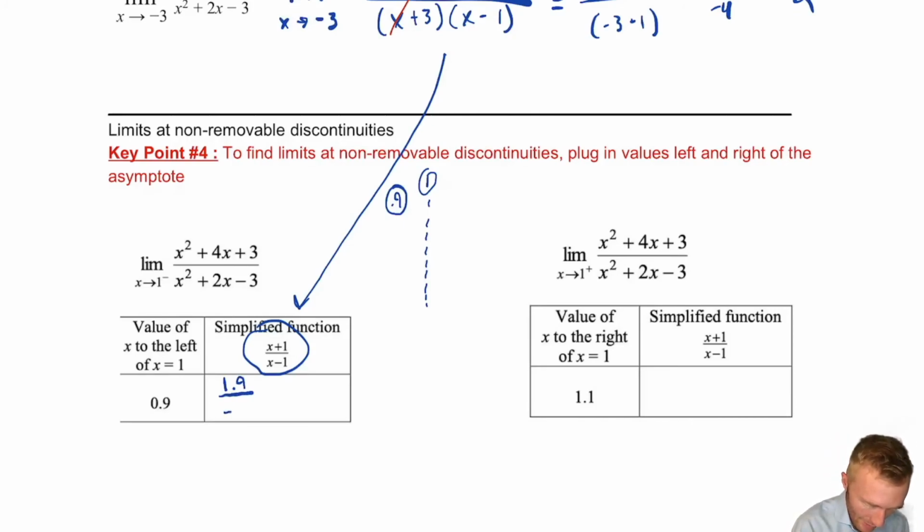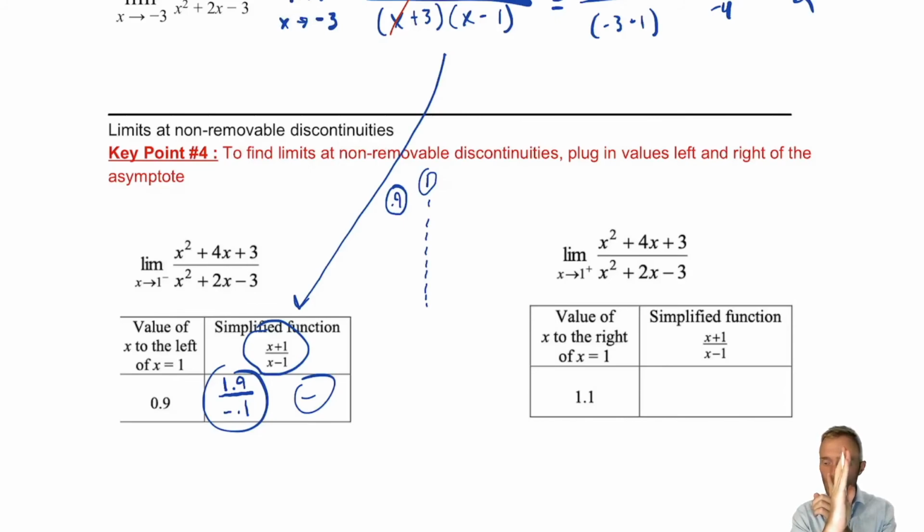Well, that's negative 0.1. This is a negative number. So you started at your vertical asymptote, you just checked directly to the left, and it was already a negative number. So I can tell here that this means my function is going to negative infinity. We're going to negative infinity on that side.